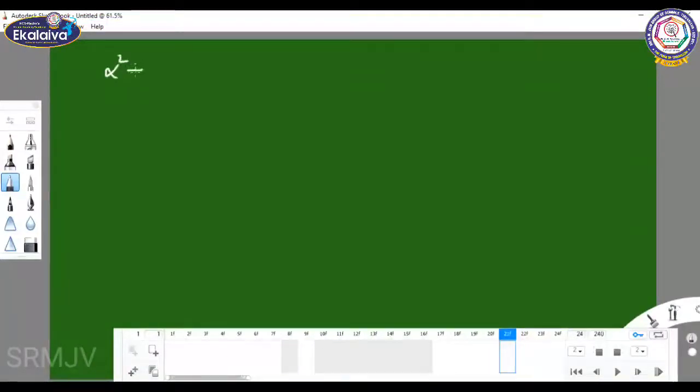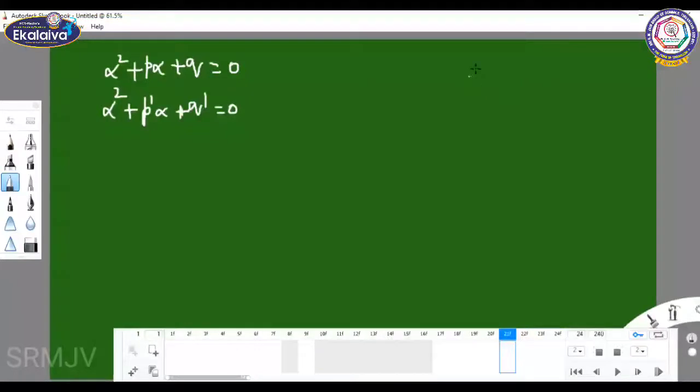Alpha square plus p alpha plus q equal to 0. Alpha square plus p dash alpha plus q dash equal to 0. By the cross multiplication method, you can do it in your F4 column. See here, you can take the center value.